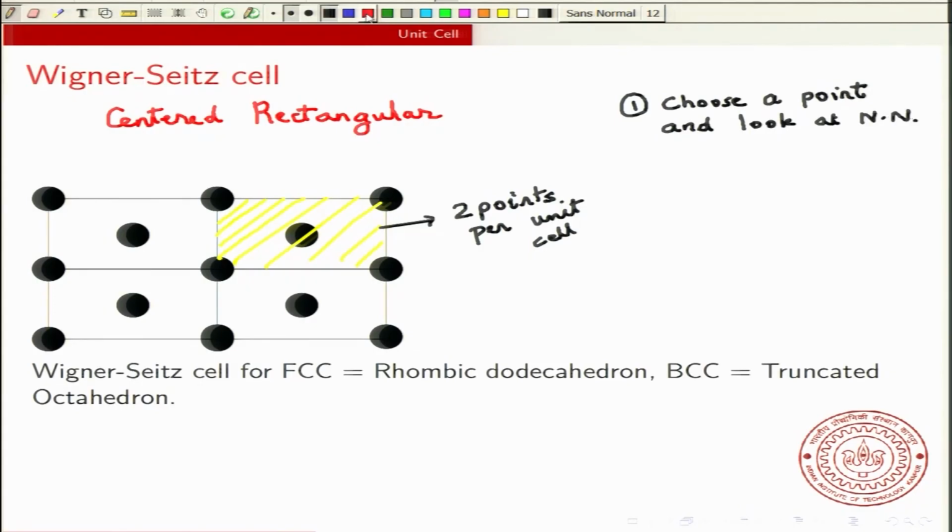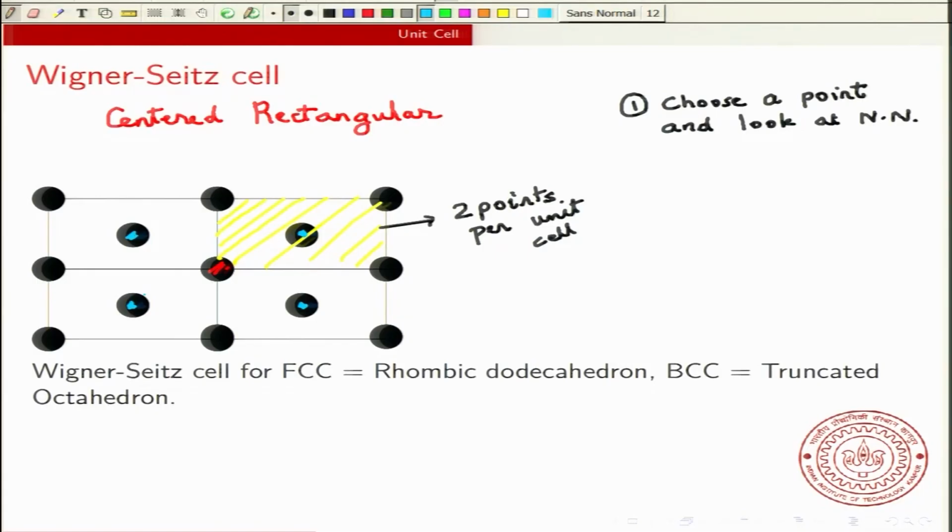So, let us say I choose this point, and I identify its nearest neighbors. Let me identify it in light blue. So, the points nearest to this are this, this, this and this. It depends on whether this length is longer or this length is longer, and that really depends on the dimensions of the rectangle.